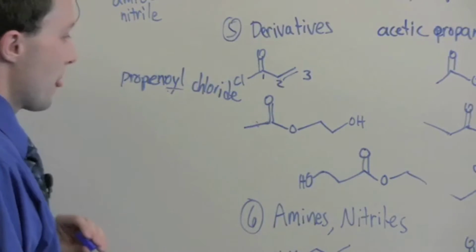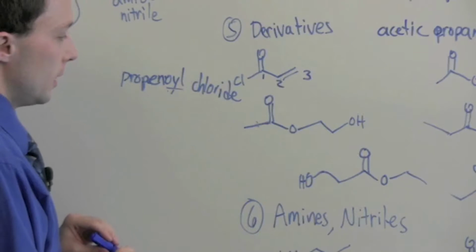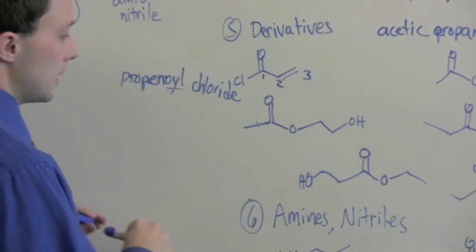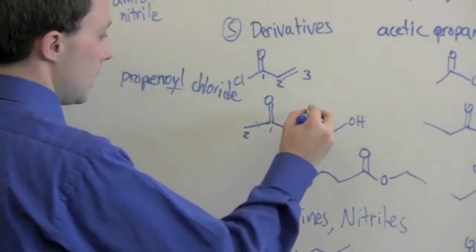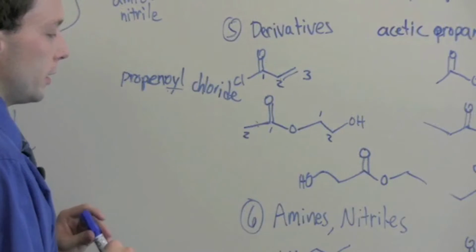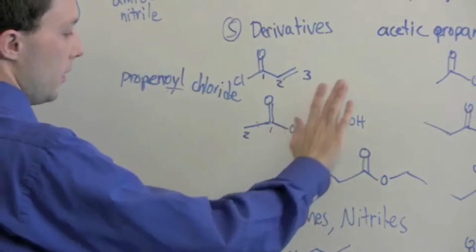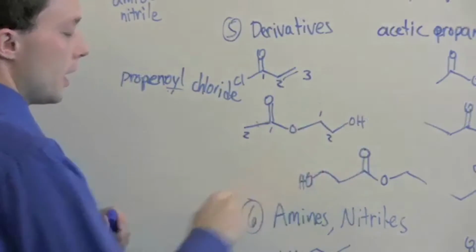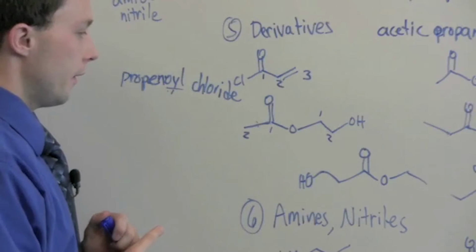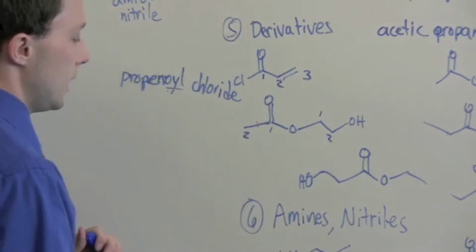So what we want to do here is name this one first. It's got 2 carbons on this side and 2 carbons on this side. What we want to do is name the side on the carbon chain that is on the other side of the oxygen part of the ester before we name this other side that's attached to the carbonyl directly.